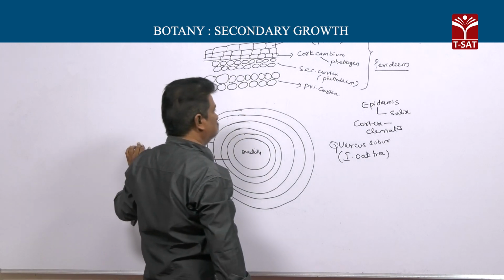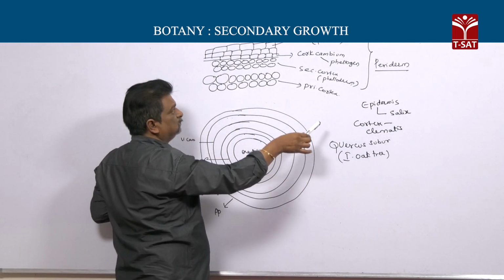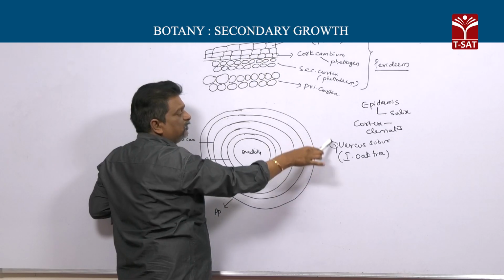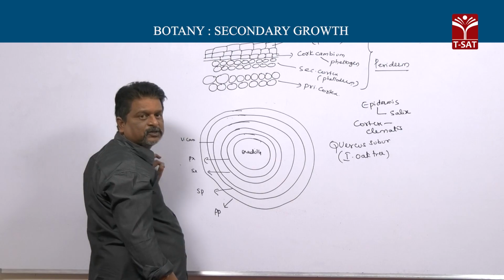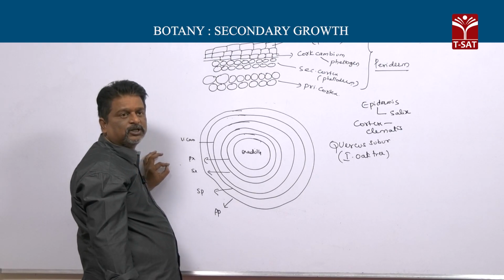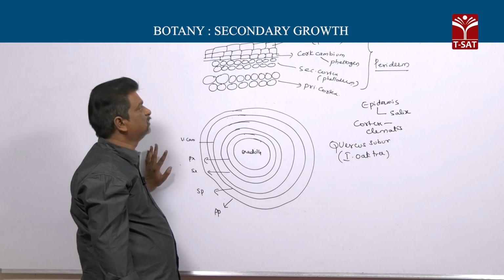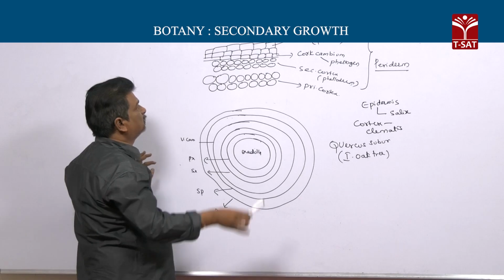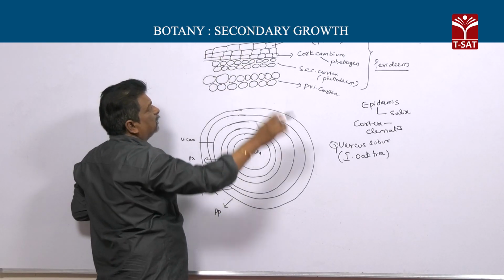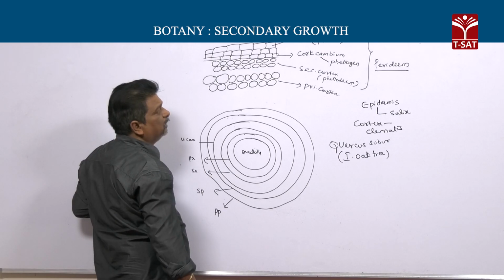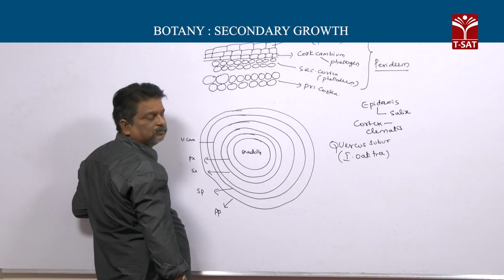Robert Hooke first discovered a dead cell, that is a cork cell, from which plant? From Quercus suber. He studied the structure of the cell wall and gave the term cell. Cork cells are generally rectangular, closely arranged without any intercellular spaces.